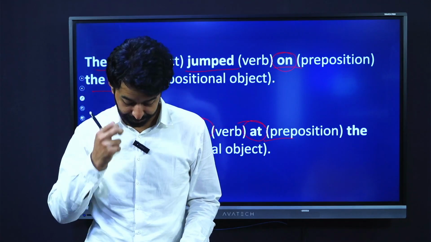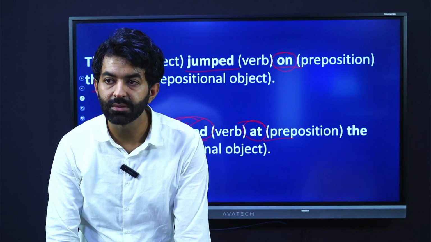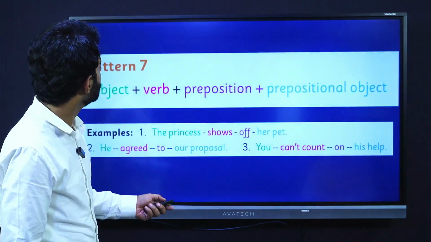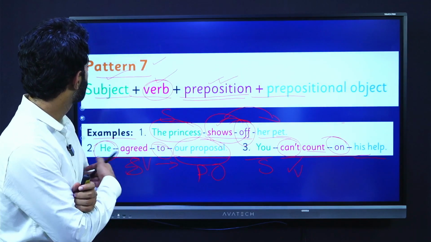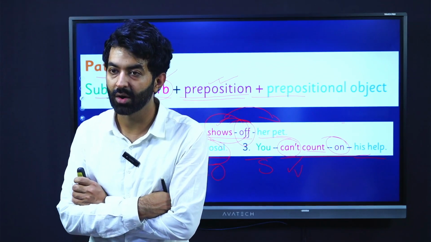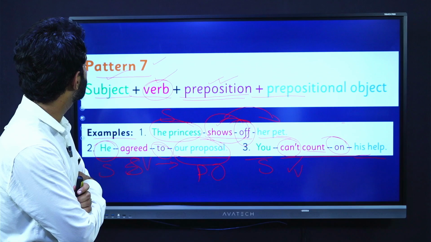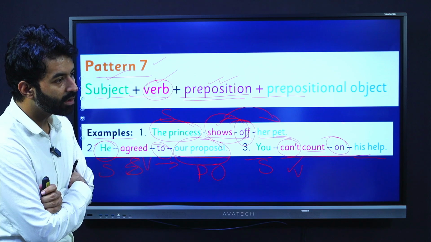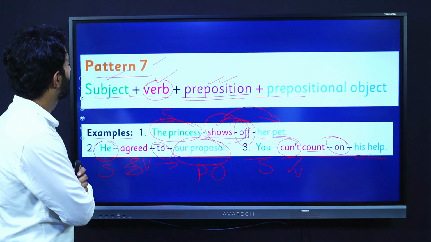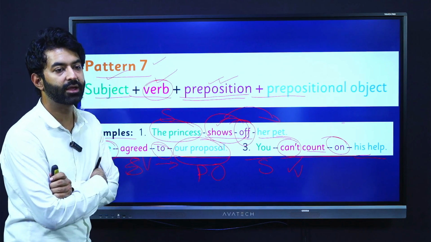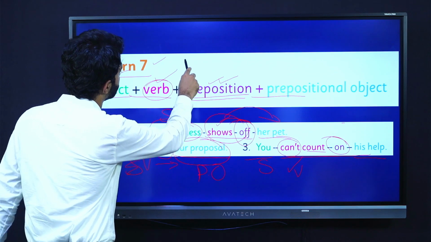Now, students, can we make some sentences of our own? Let's see. Subject. Let's say we have subject Aman. All right. Aman is the subject. Verb. Play. Okay. Aman plays. Preposition क्या ऐड करें? Let's see.